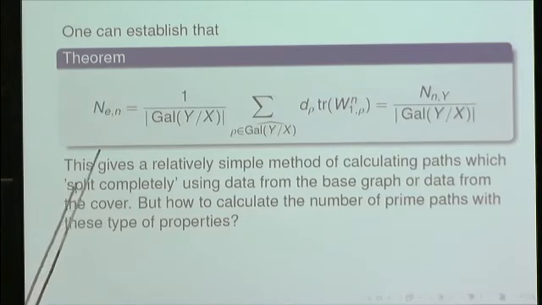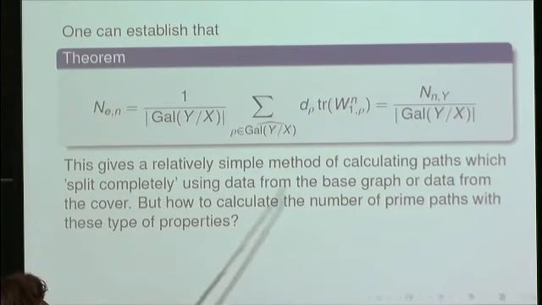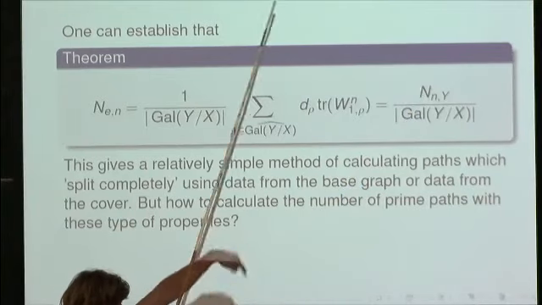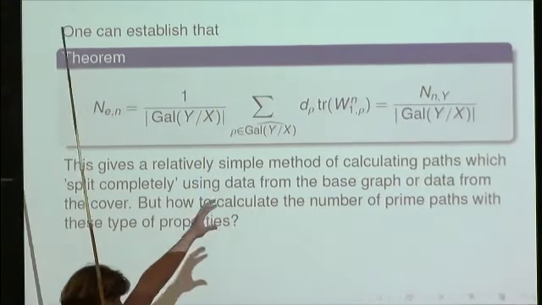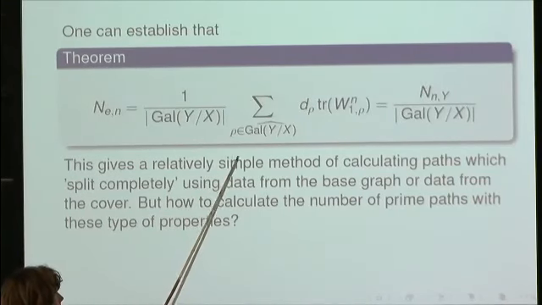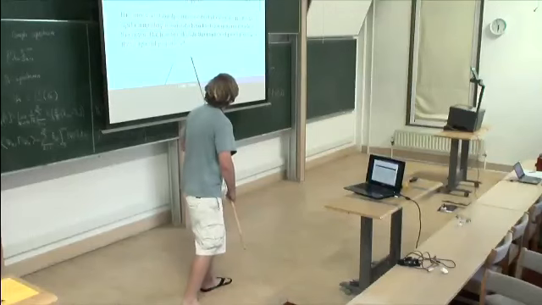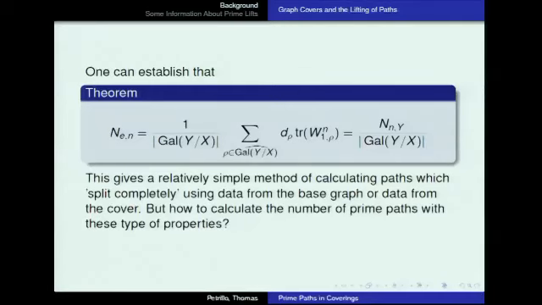We work to create some equations to calculate the number of closed paths which split completely. What you realize is that it's essentially the number of closed paths in the top graph divided by the number of sheets you've lifted to the top graph. And we've got another equation for that involving the representations of the Galois group associated to this covering system.